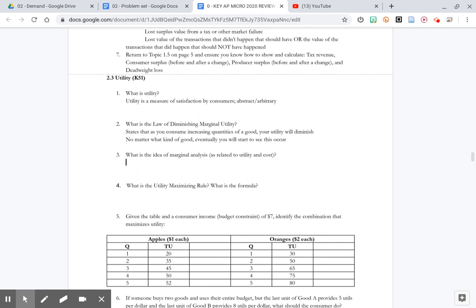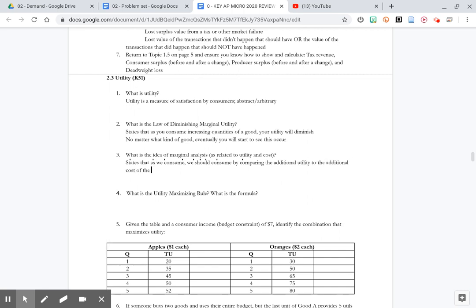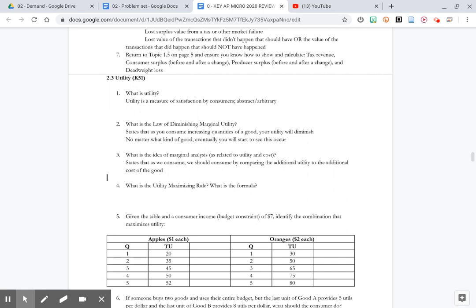The idea of marginal analysis as related to utility and cost states that as we consume, we should consume by comparing the additional utility to the additional cost of the good. In other words, we shouldn't look at the amount in total.